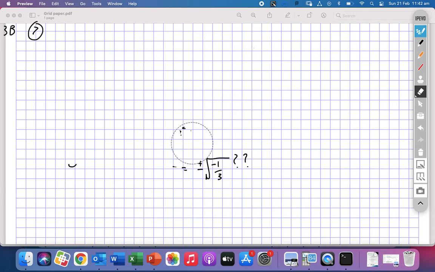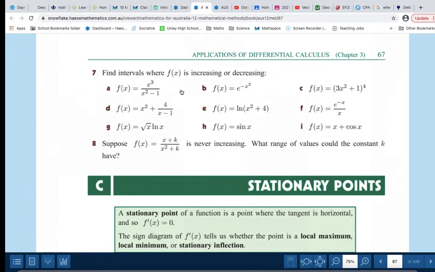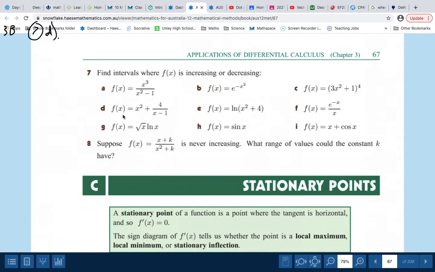Let's look at D. Okay. Maybe a bit harder, this one. f(x) equals x squared plus 4 on x minus 1.